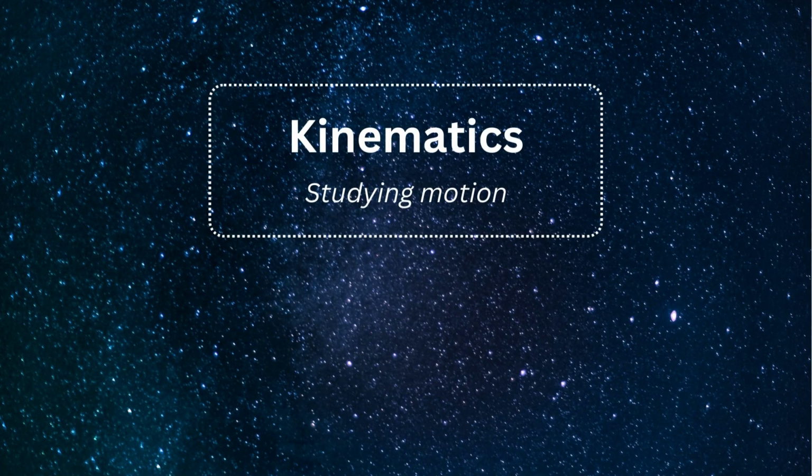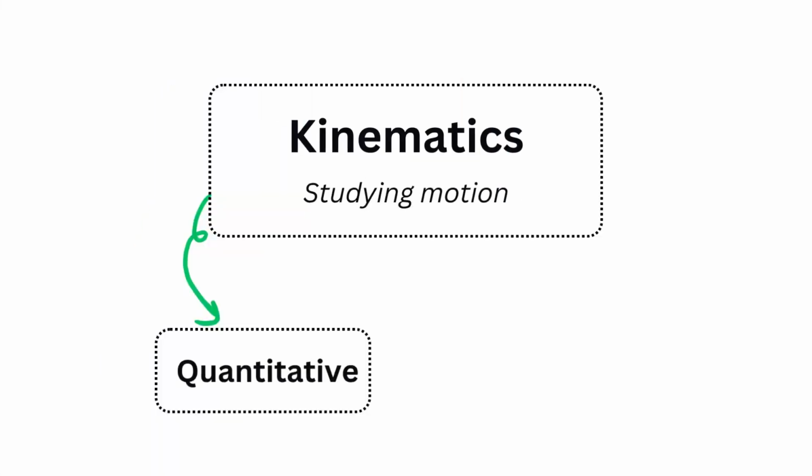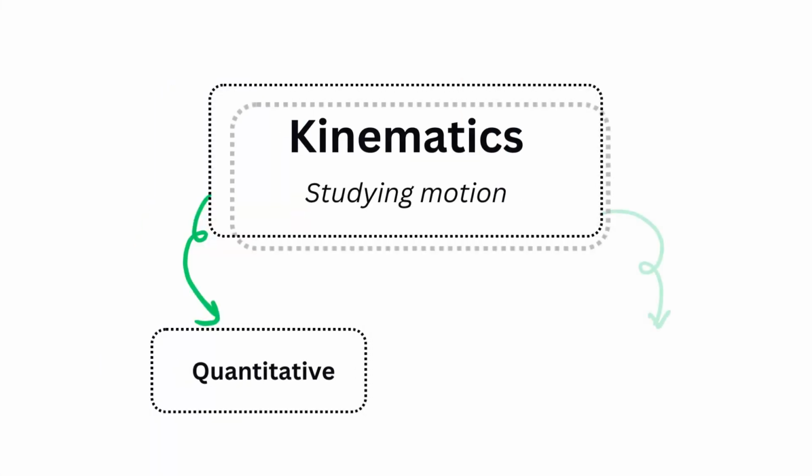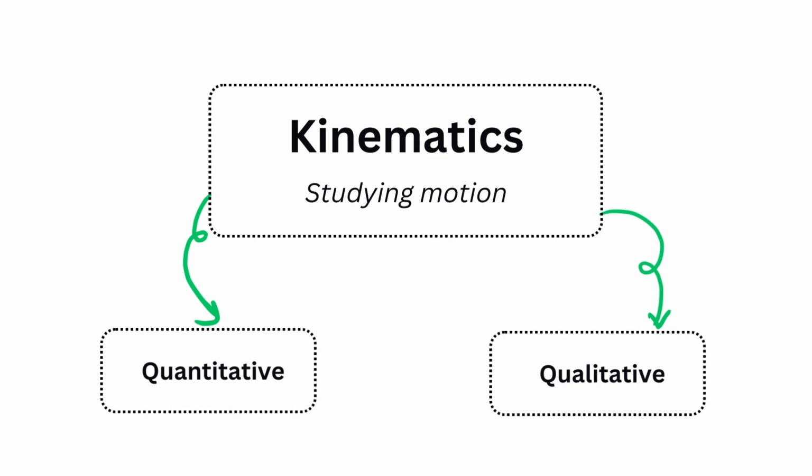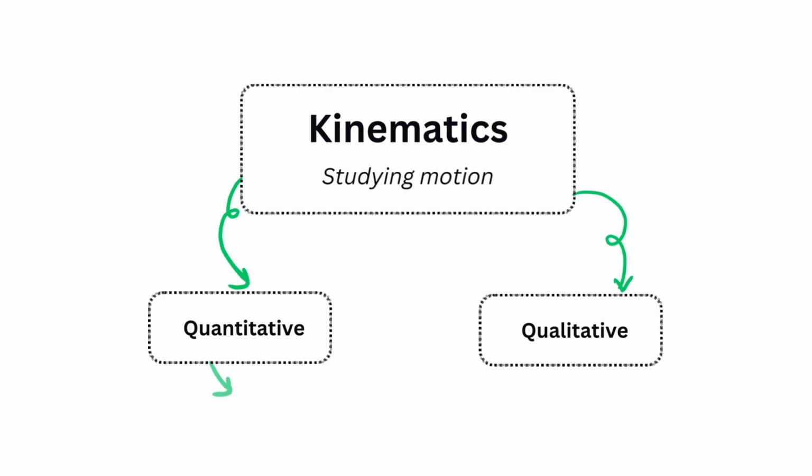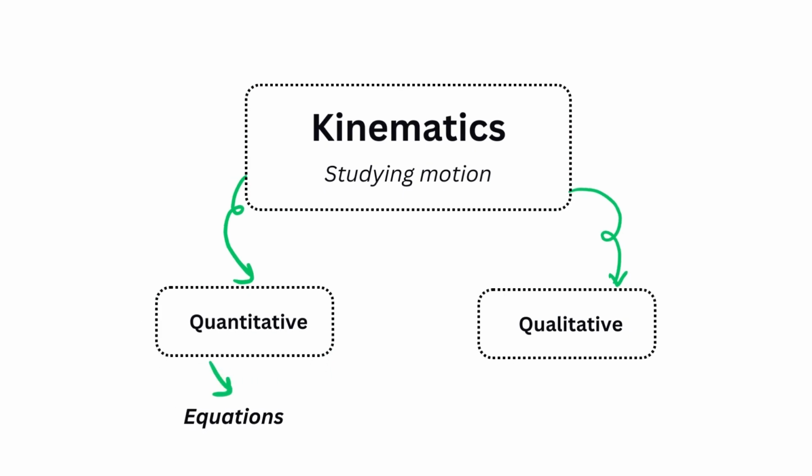No matter what kind of motion you're studying, there are always two approaches you could take, either a quantitative one or a qualitative. In a quantitative approach, you want your final answer to be numerical, or you're dealing with numbers, in which case you would primarily be focusing on equations. But if you're taking a qualitative approach, you're dealing with anything but numbers, in which case you're always using diagrams to get your analysis.